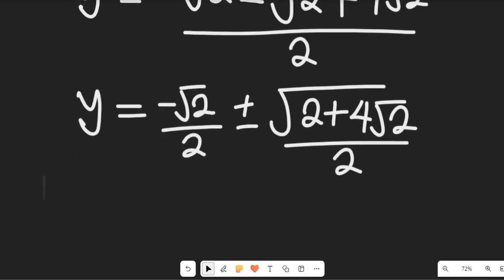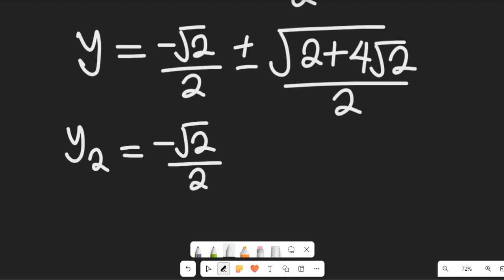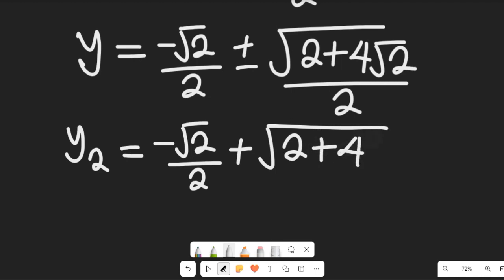So the value of our y for this expression, we'll take it as y2, will be equal to negative square root of 2 divided by 2 plus square root of 2 plus 4 root 2, divided by 2.